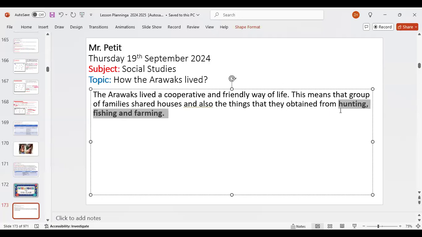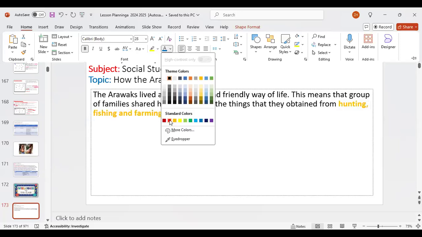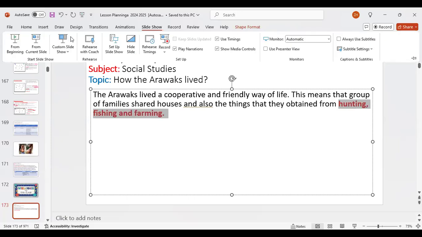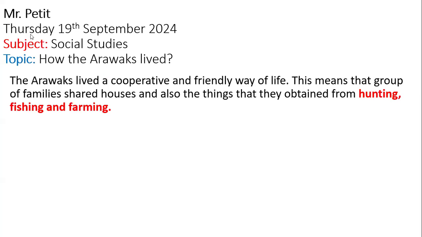Hunting, fishing, and farming. So when we look at the Arawaks, they obtain their food in at least 3 ways. What are 3 ways in which they obtain their food? Hunting, fishing, and farming. Very good.